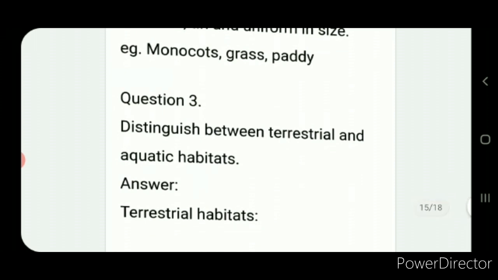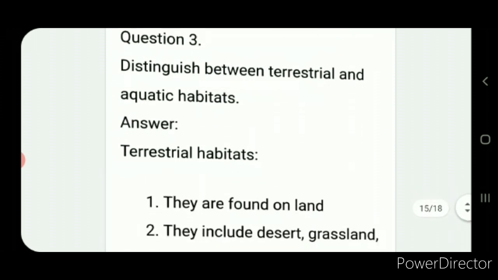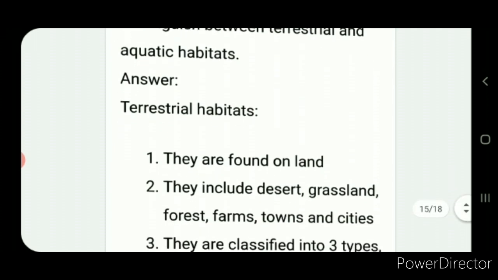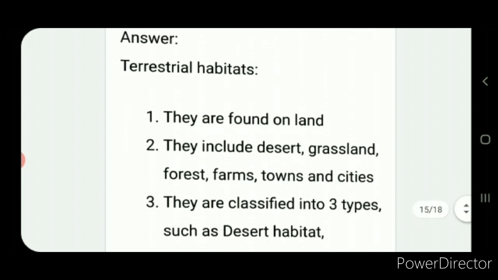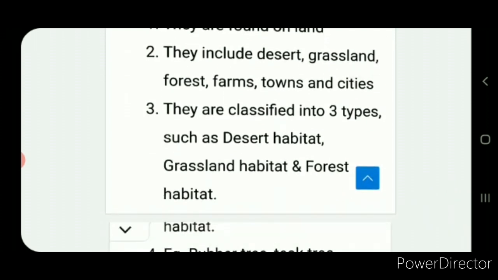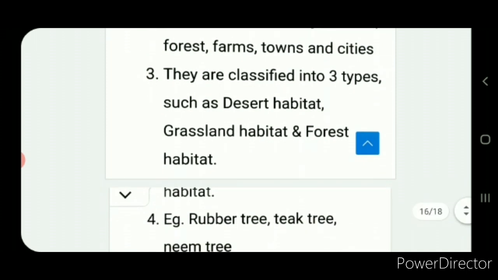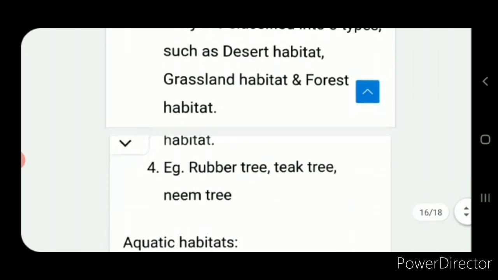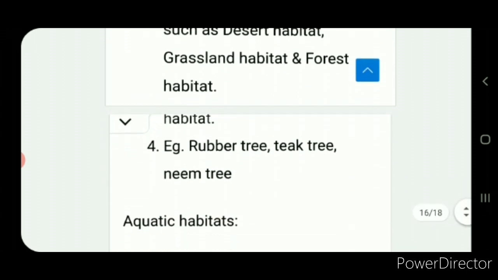Distinguish between terrestrial and aquatic habitats. Terrestrial habitats are found on land. They include desert, grassland, forests, farms, towns and cities. They are classified into three types such as desert habitat, grassland habitat and forest habitat.